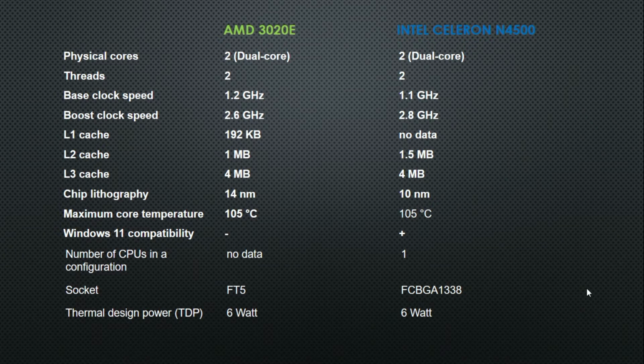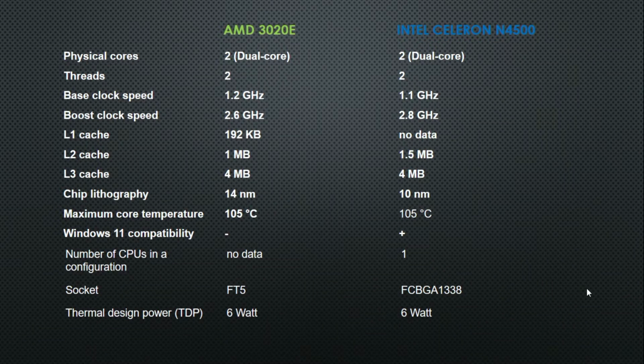For L3 cache, the AMD has 4 MB, the same as the Intel Celeron N4500. For chip lithography, the AMD has 14 nanometer technology while the Intel Celeron N4500 has 10 nanometer technology.